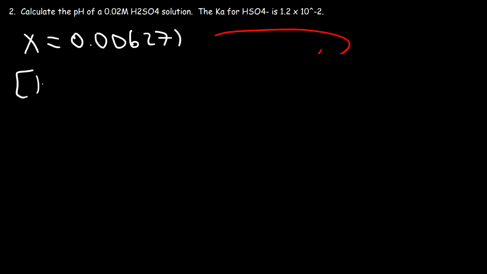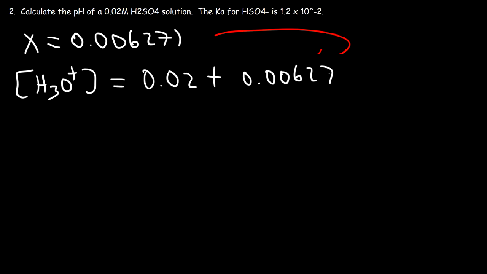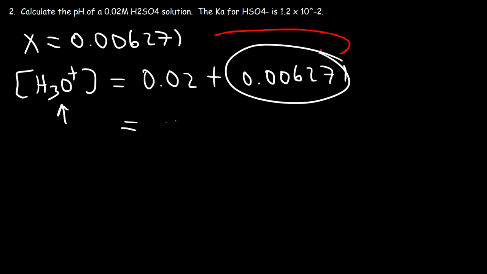So now we can calculate the H3O plus concentration. So it's 0.02 plus 0.006271. So the contribution from the second equation from bisulfate is significant to the H3O plus concentration. So it's 0.026271.